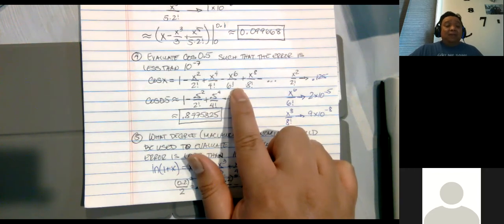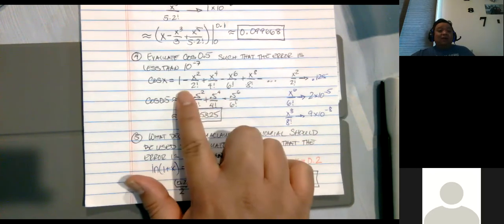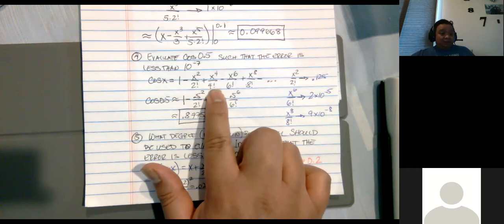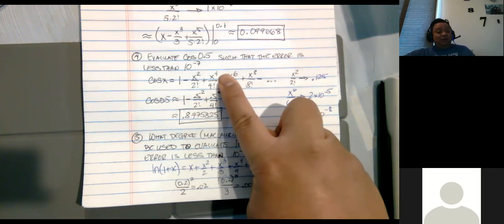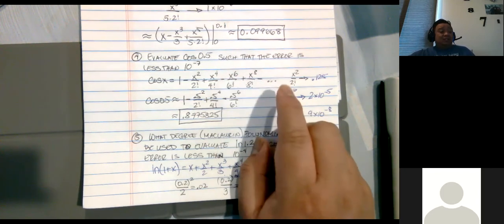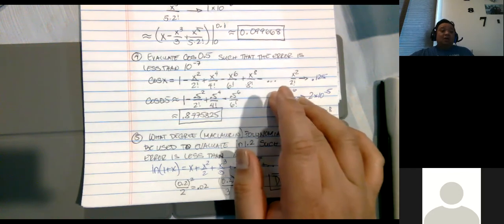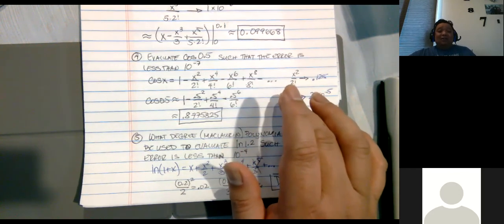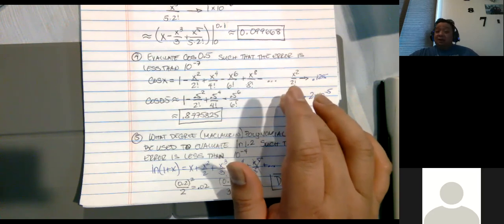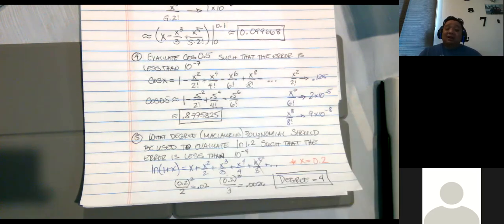If I ask how many terms are you keeping? Based on what we found, we're only keeping 3 terms. But if they ask what degree polynomial you are using, in this case you're using the fourth degree. So notice the answer is different. Make sure you read the question on what is being asked, how many terms or what degree. You're gonna have to pay attention to that. Okay, questions on that?